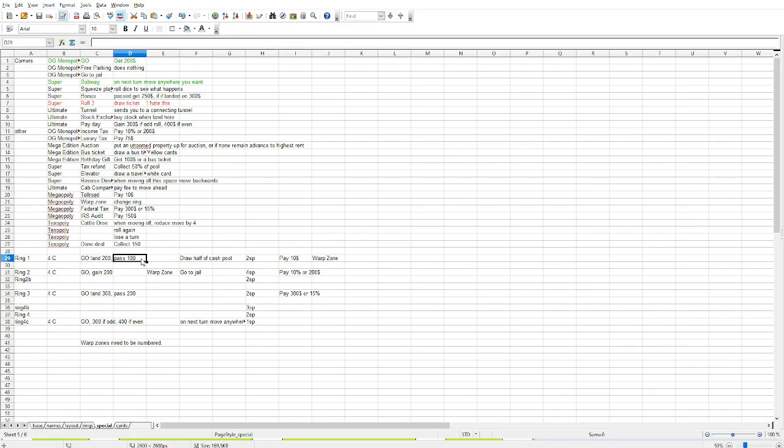Okay, what is Super Squeeze Play? Super Squeeze Play is basically just Squeeze Play, but with bigger numbers.